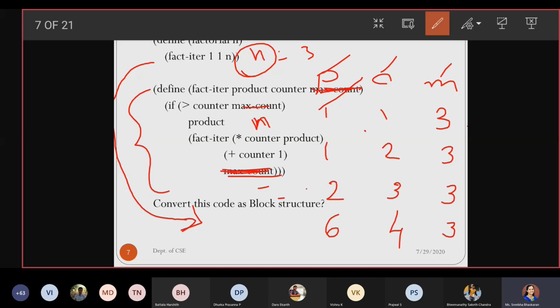Is it clear? Have you understood? Do you want to write the procedure after making it a block structure with lexical scoping? Somebody?